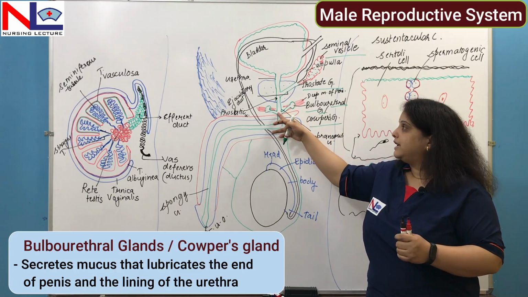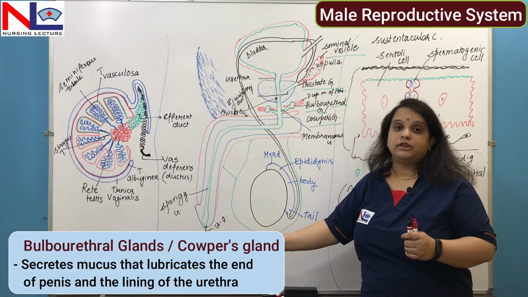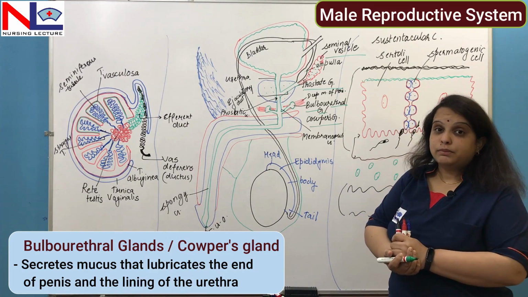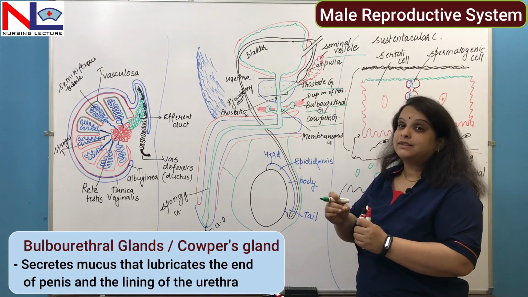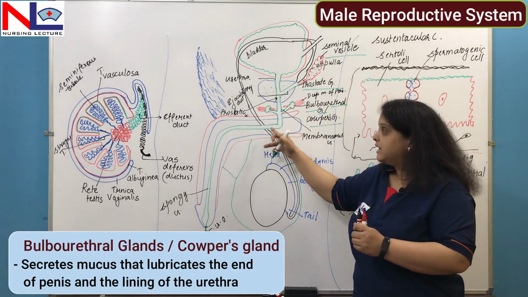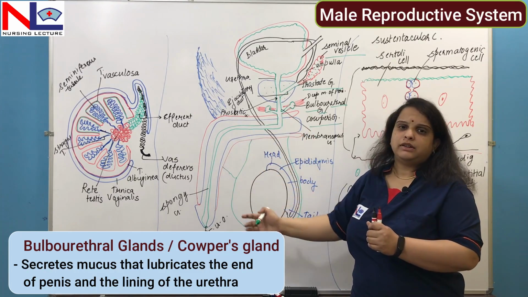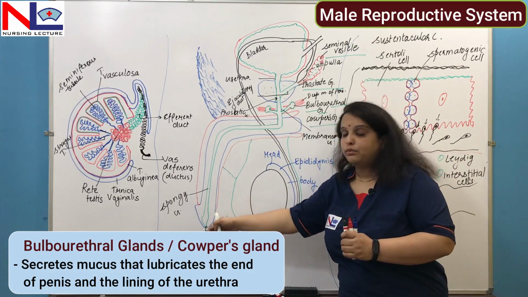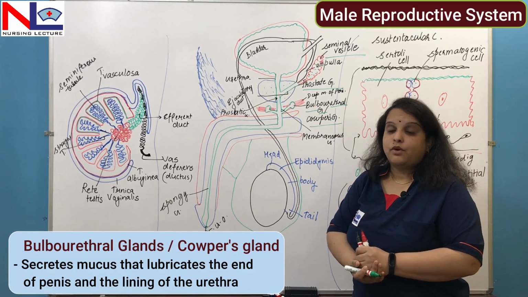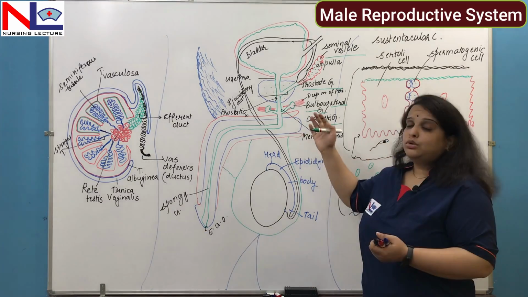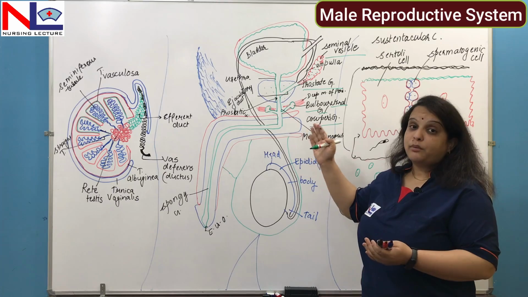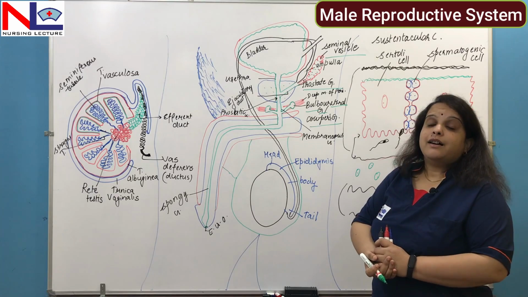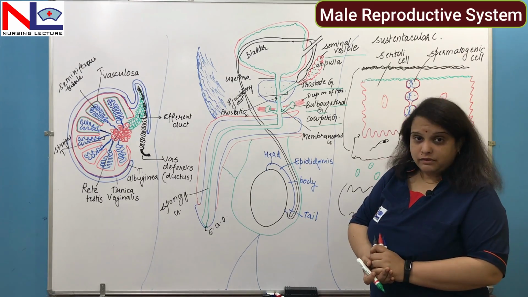Before ejaculation it releases the mucus to make the whole urethra lubricated and also protect the sperm from being destroyed by the acid content of the urine present in the urethra. So it makes the urethra moist, lubricates it, and also lubricates the tip of the glans penis for easy penetration. So this mucus protects the sperm from being damaged by the acid content of urine as well as the acidic environment of the female reproductive tract.